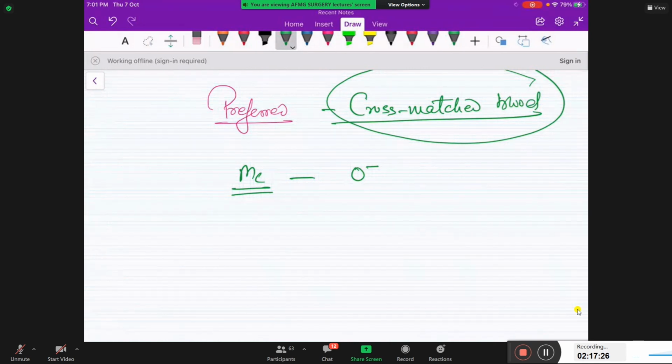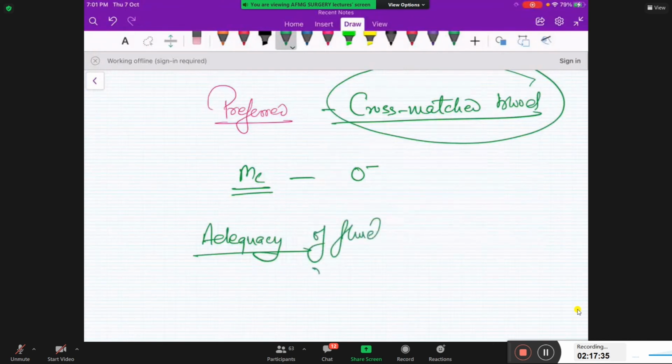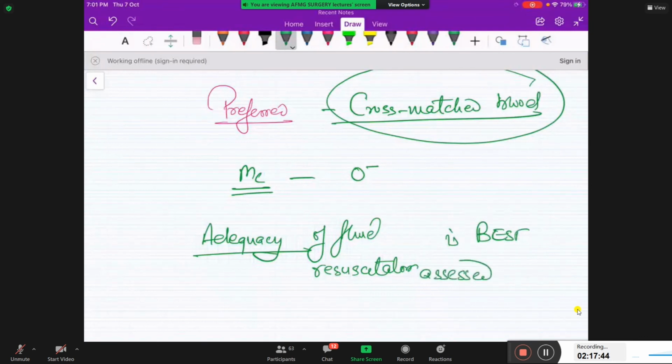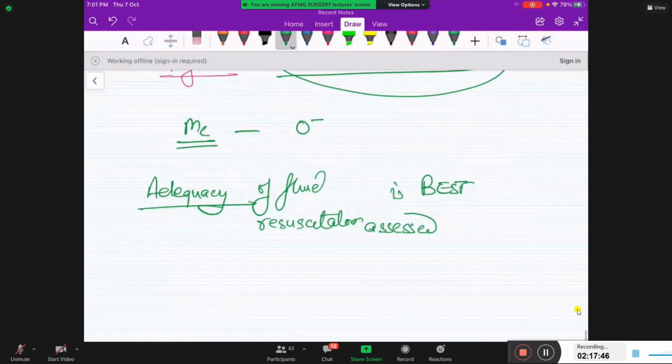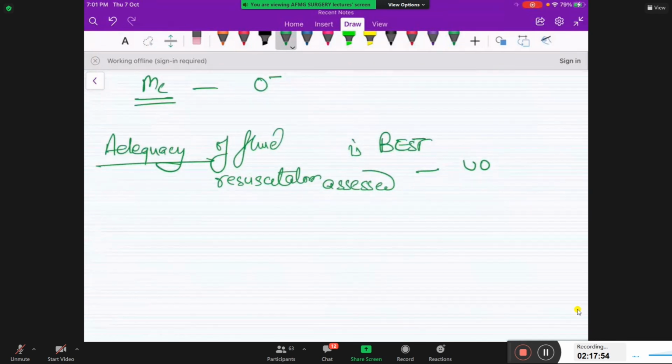Now, the adequacy of fluid resuscitation, very commonly asked question. Adequacy of fluid resuscitation is best assessed by urine output.